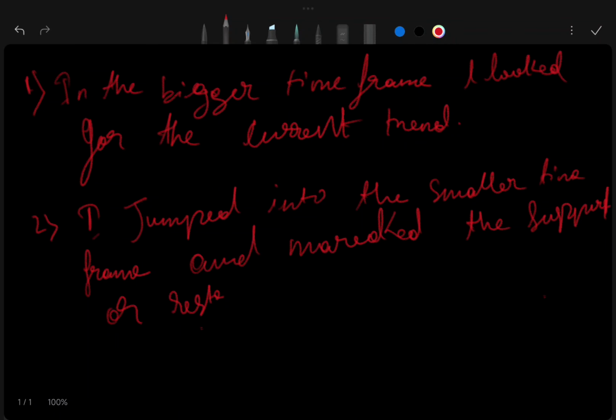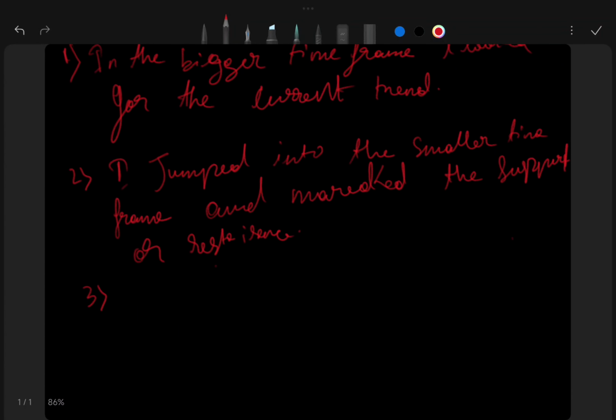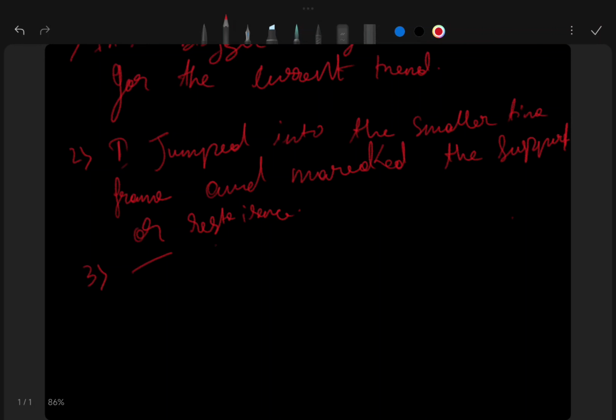If you want to take a buy side trade, then you have to mark the resistance and wait for the candle to break and close above the resistance.